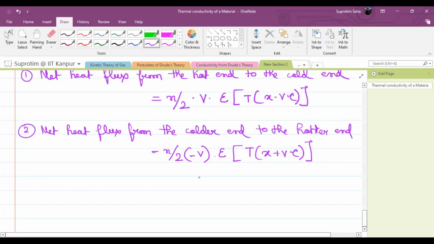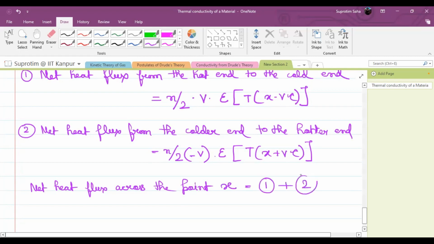Before that, the net heat flux across the point x will be given by 1 plus 2, so the net heat flux from the hot to the cold end plus the net heat flux from the cold to the hotter end.